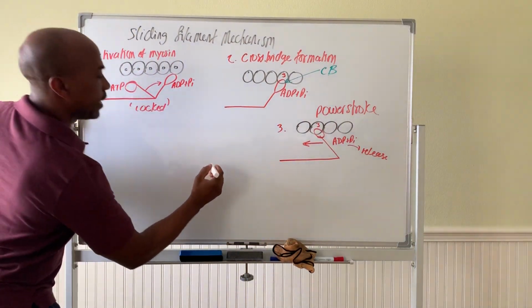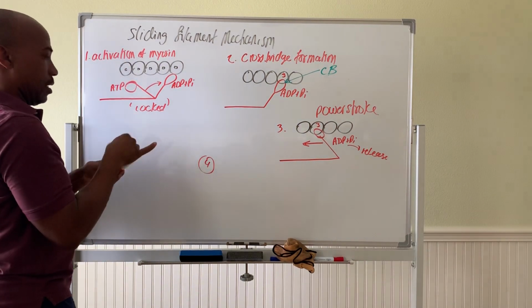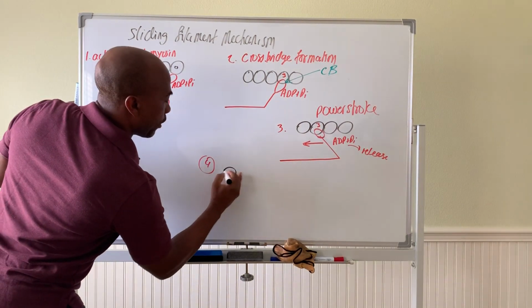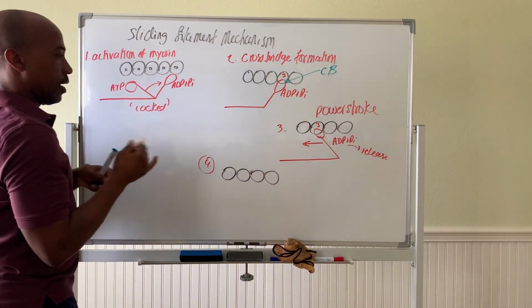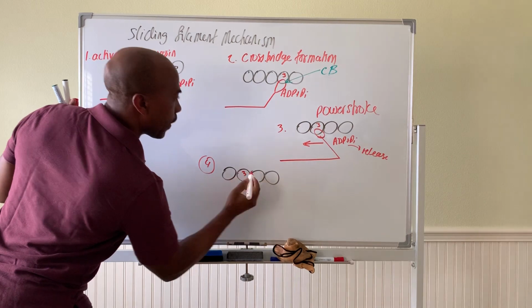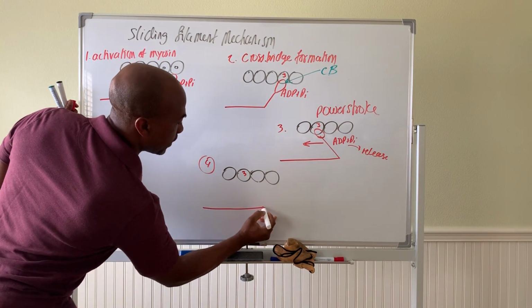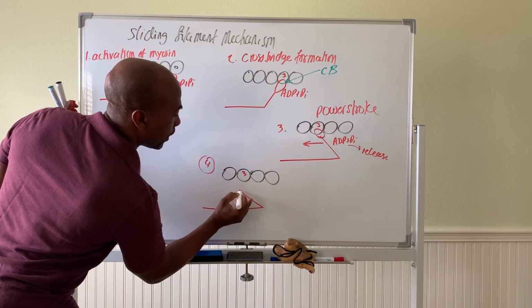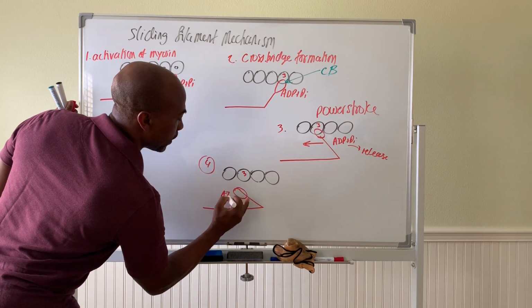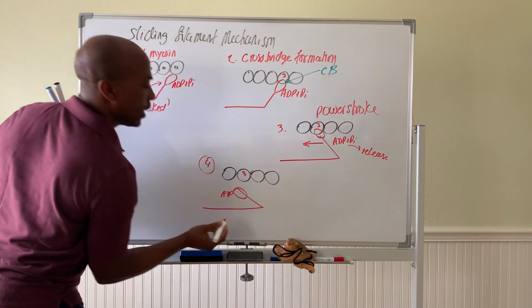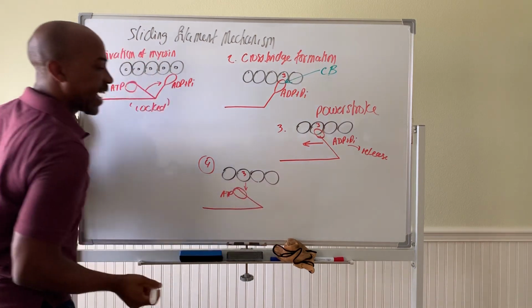And then in step 4, so here you are again, all right. And now in step 4, the myosin will bind to a new ATP, and then it will release, drop it off, relax, called detachment.